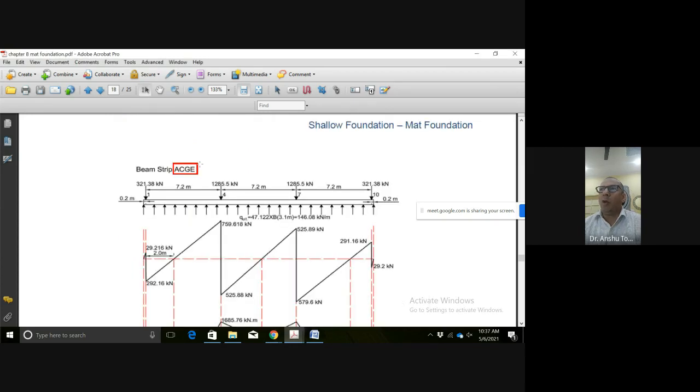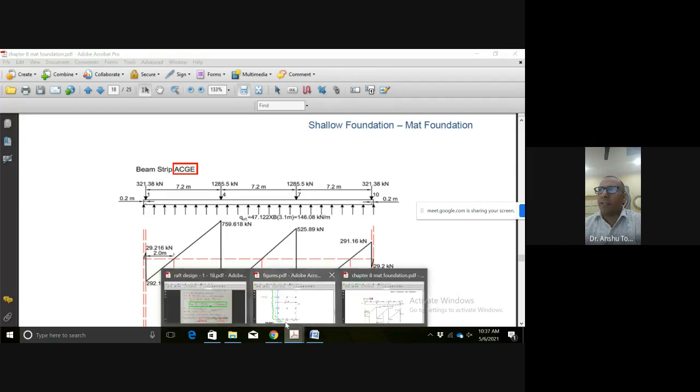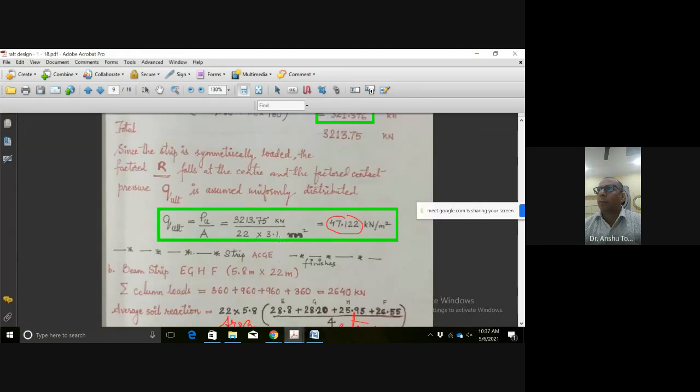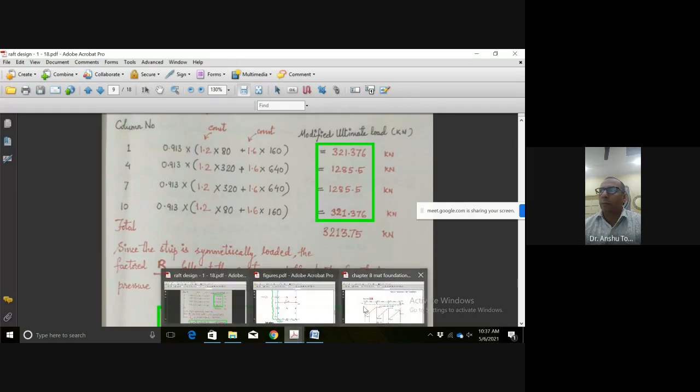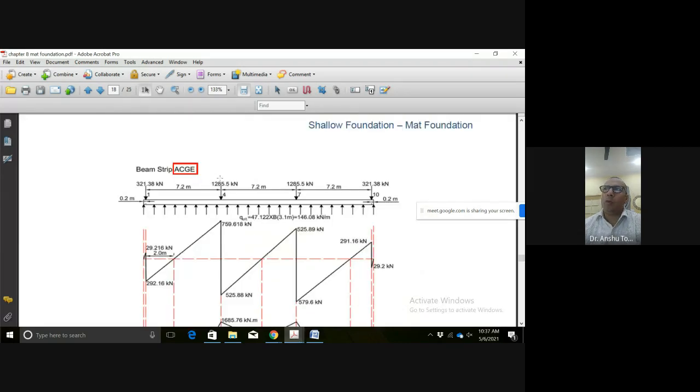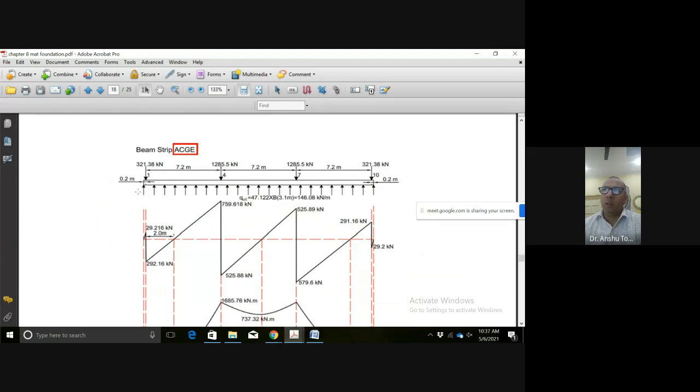Now this is our loading diagram. These are your ultimate factored loads, those loads which we have seen here: 321, 1285, 1285 and 321, with a UDL acting from the downside.